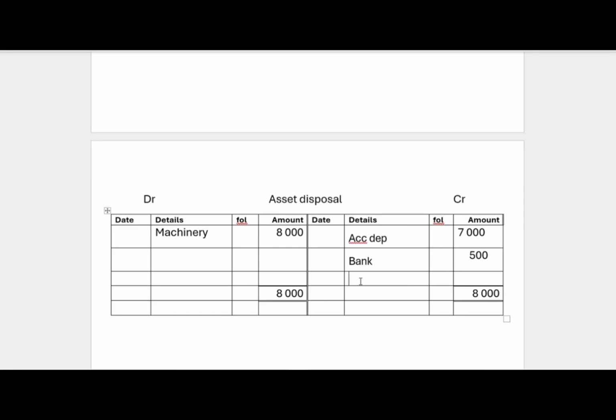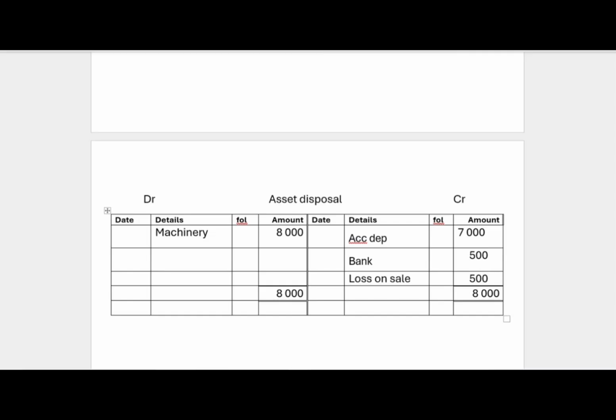So you have to check if the bigger side is the debit side. You're going to record the difference, loss on sale, on the credit side. How much? 8,000 minus 500 minus 7,000. I'm getting 500, and it's given in the additional information, if I remember correctly.